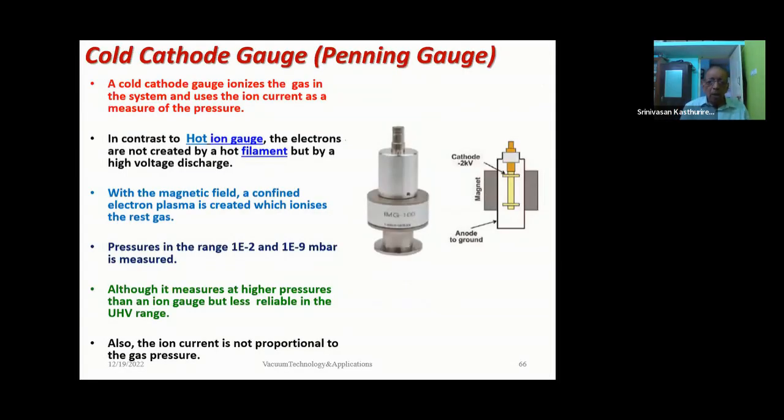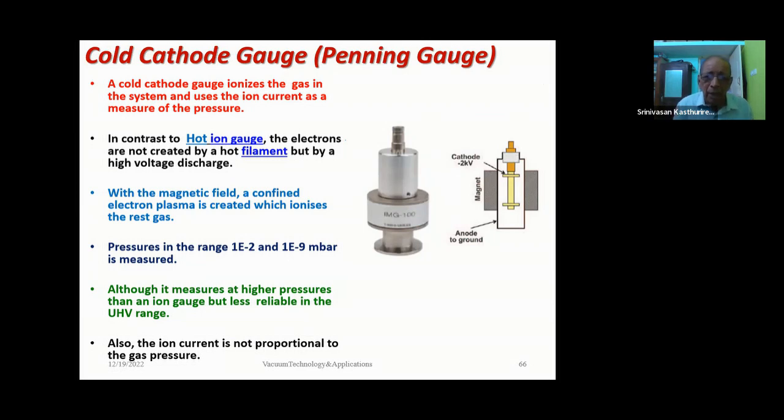Now we are talking about cold cathode gauges, or Penning gauges. What is a cold cathode gauge? It does not have a hot filament. The electrons are not created by a hot filament, but just by a high voltage discharge. The cold cathode has about 2 kilovolts across it, and electrons are generated.